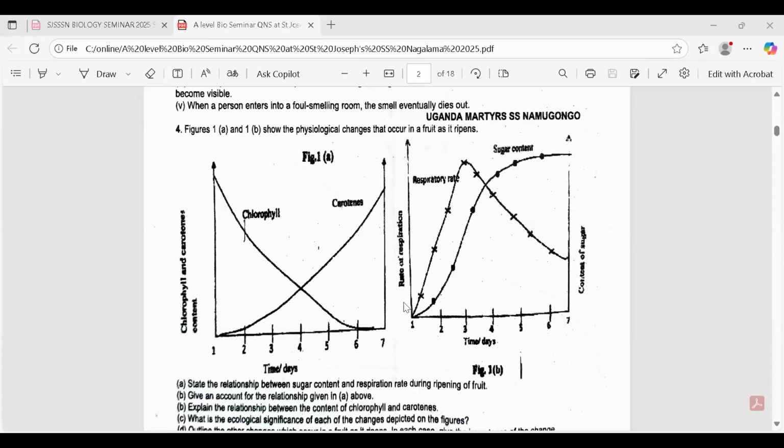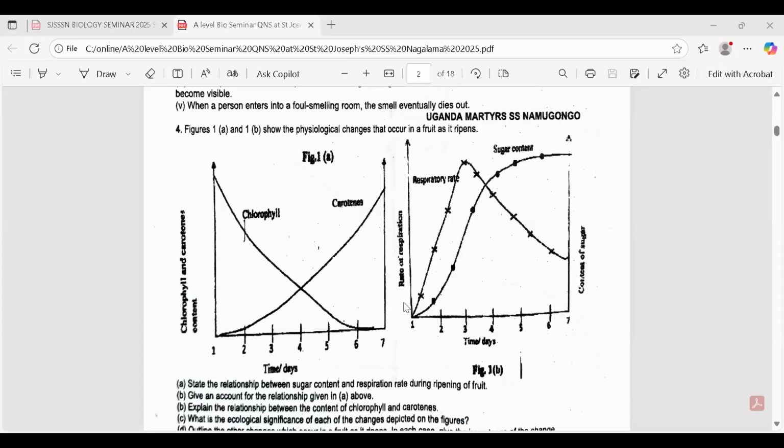Okay, so let's explain the relationship. Why was the chlorophyll decreasing and why were the carotenes increasing? Now, we know that chlorophyll is important in photosynthesis, while carotenes are also photosynthetic pigments, but they're not important in photosynthesis. So the chlorophyll was decreasing.